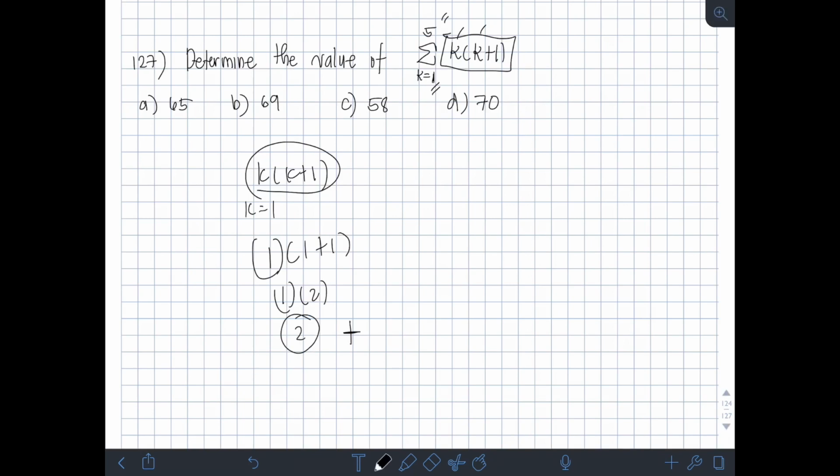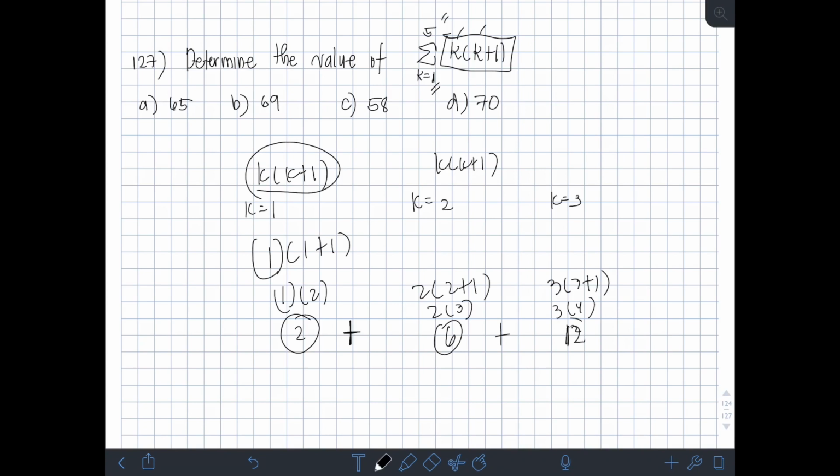Okay? Then, i-add natin. Kapag sinubstitute naman natin yung k is 2, sa k times k plus 1 pa rin, magiging 2 times 2 plus 1 or ilan? 2 times 3 or 6, right? Plus, kapag k naman is 3, magiging 3 times 3 plus 1. So, 3 times 4 is 12.